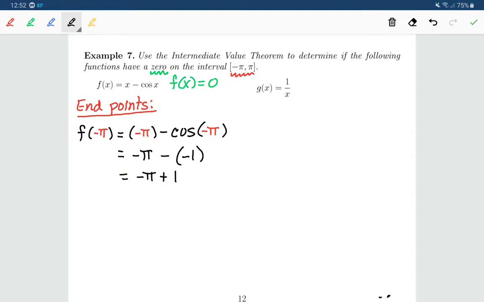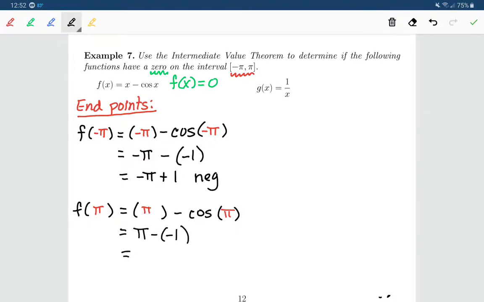This is the exact value, and it is a negative value. Now let's evaluate the function at the other endpoint, positive pi. When we do that, we get pi minus negative 1, which is pi plus 1, and this is positive.